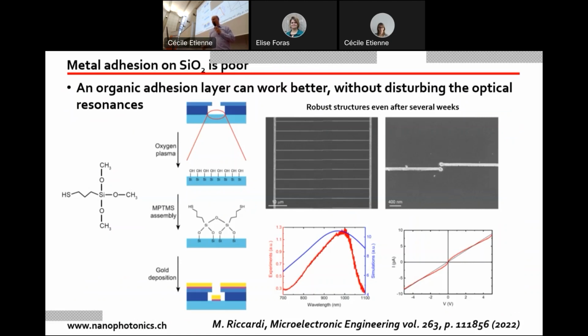And this is done here with this thiol atom, so a sulfur ion here that will attach very well to gold. And the other hand that will attach very well to the glass substrate. And this is done here with this silicon atom here, which have silane, that's the word, sorry, silane groups here with the silicon atom.